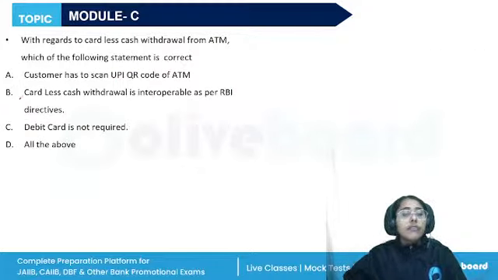Next, with regards to the cardless cash withdrawal from ATM, which of the following statements is correct? The customer has to scan the UPI QR code of the ATM. The cardless cash withdrawal is interoperable as per the RBI directives.